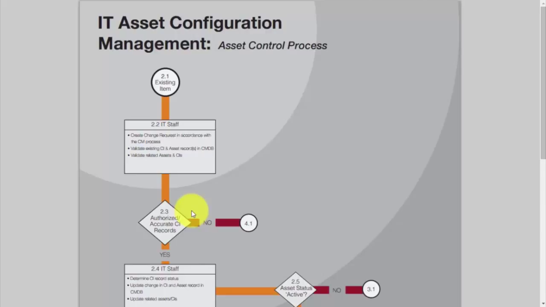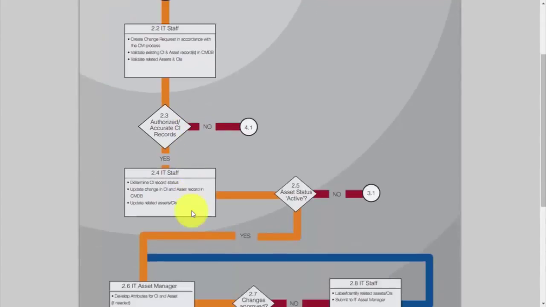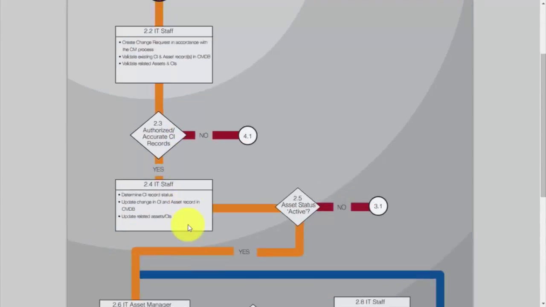Okay? If they are not accurate, then we are going to proceed to step 1 of process number 4, which means that it is an exception. There's an exception to our process flow. Assuming they are authorized and accurate configuration item records, then we are going to proceed to step 4.